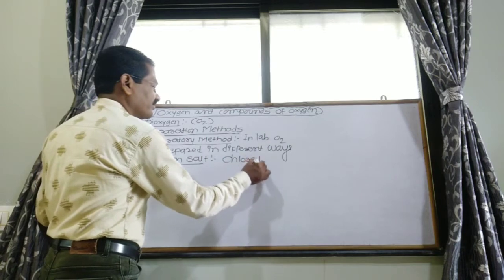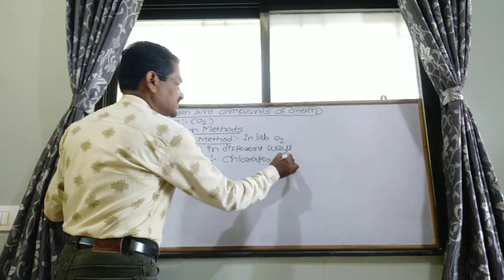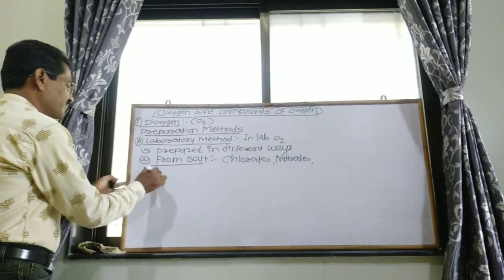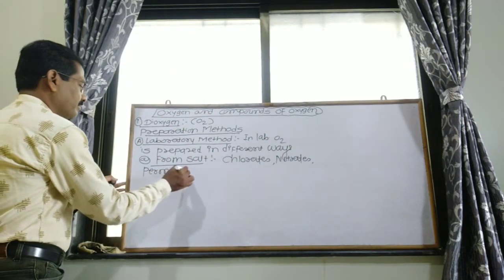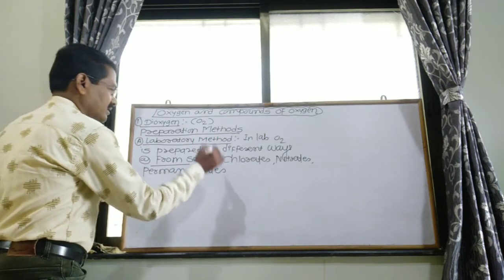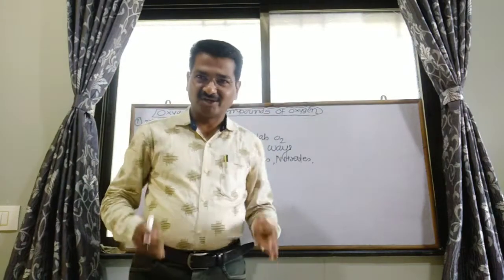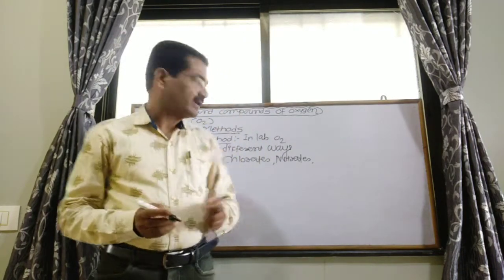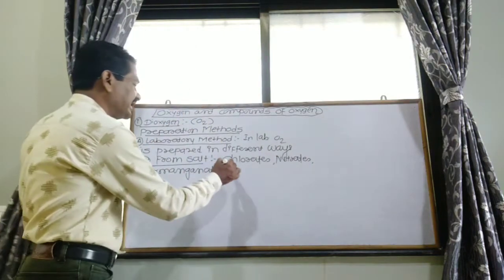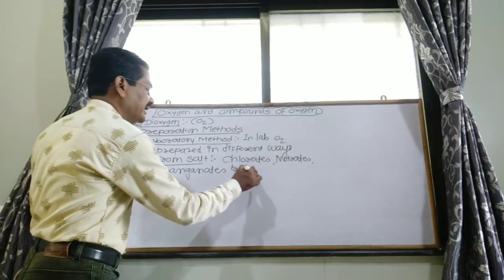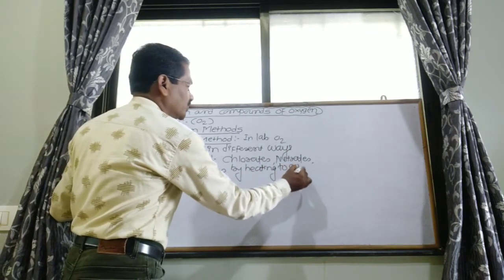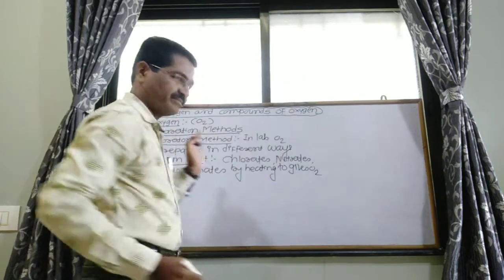chlorates, nitrates, permanganates. The salts like chlorates, nitrates, permanganates, by heating give dioxygen.